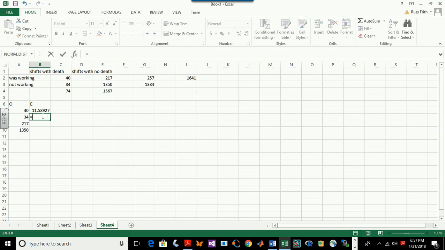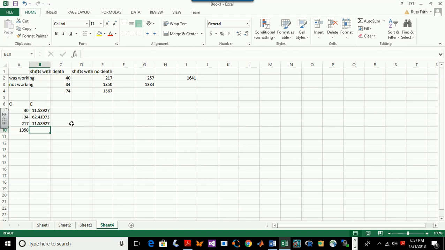Okay, so this would equal 74 times 1384 divided by 1641. Okay, 62. Then for 217, the row total is 257, column total is 74, divided by grand total, which is 1641.